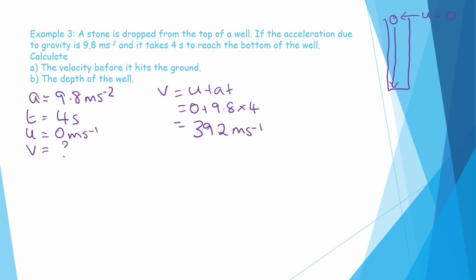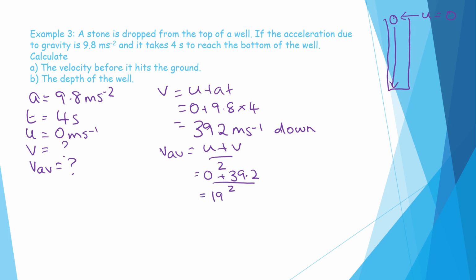Now, in order to find the depth of the well, and by the way, that's down, we need to know the average velocity. So once again, we're going to have to find an average velocity. So v average equals u plus v divided by 2. Our initial was 0 plus 39.2 divided by 2, and that comes out to 19.6 meters per second.